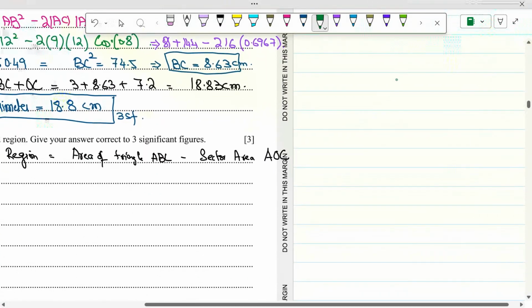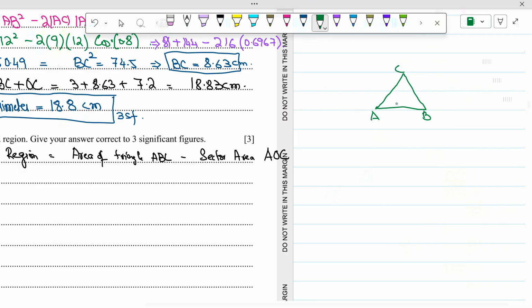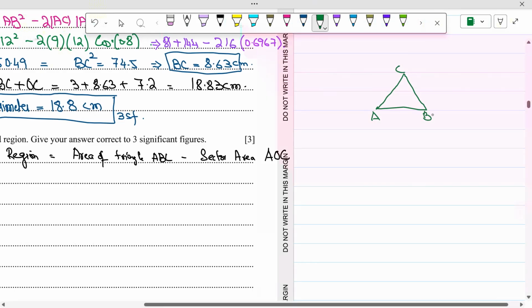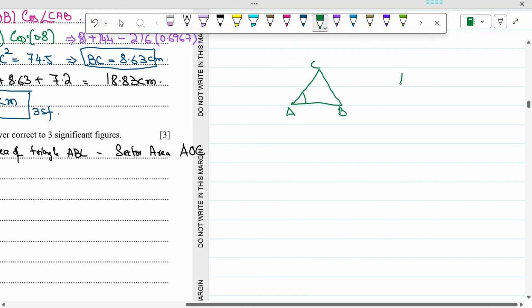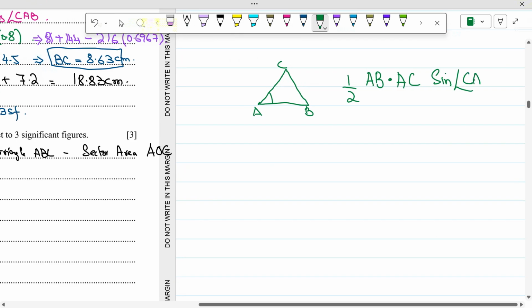For the area of the triangle, if we have the triangle ABC with two sides, AB and AC, and the angle between them, we can use this formula: 1 over 2 AB times AC times sine of the angle between them, which is sine of CAB.